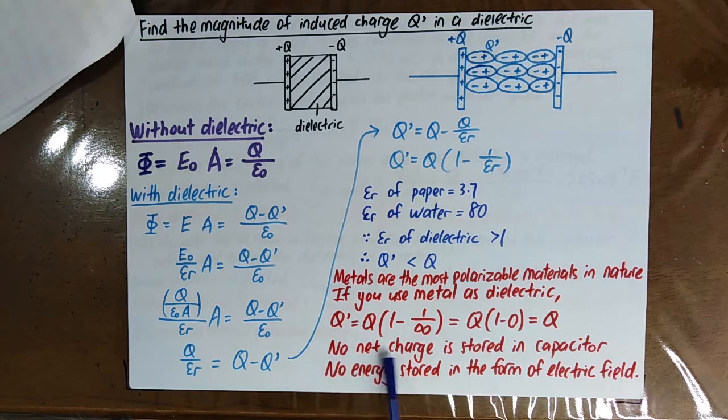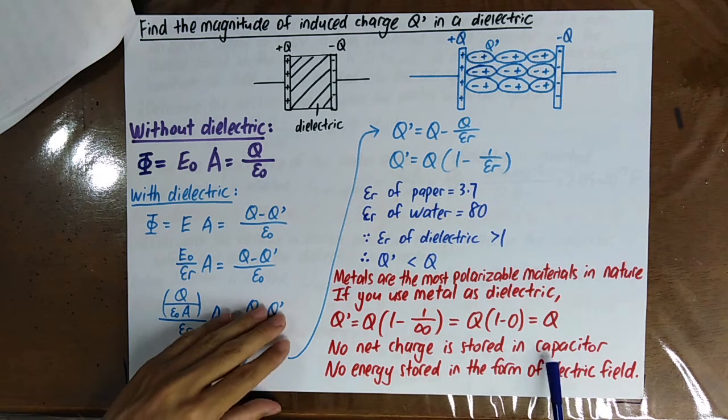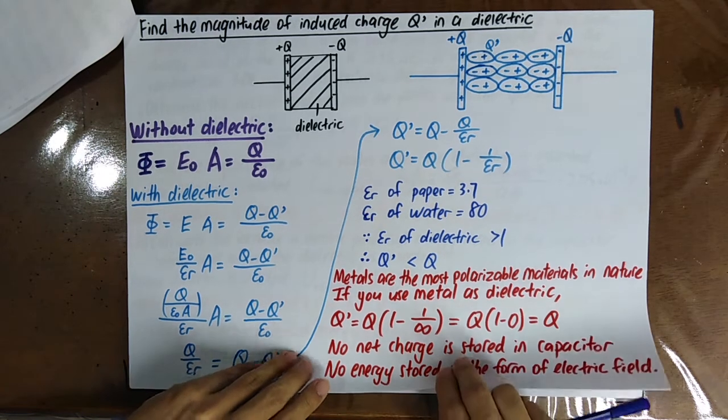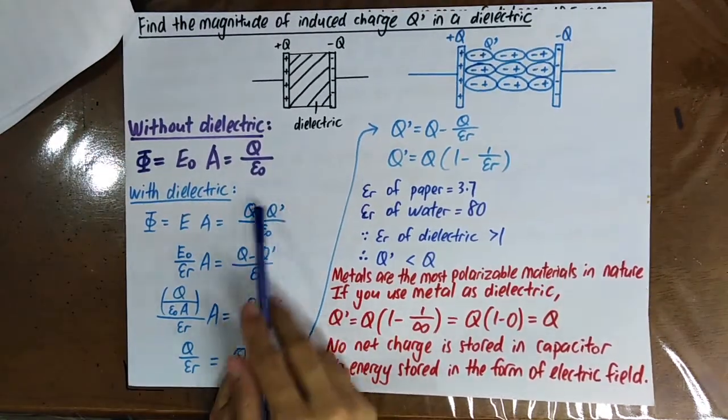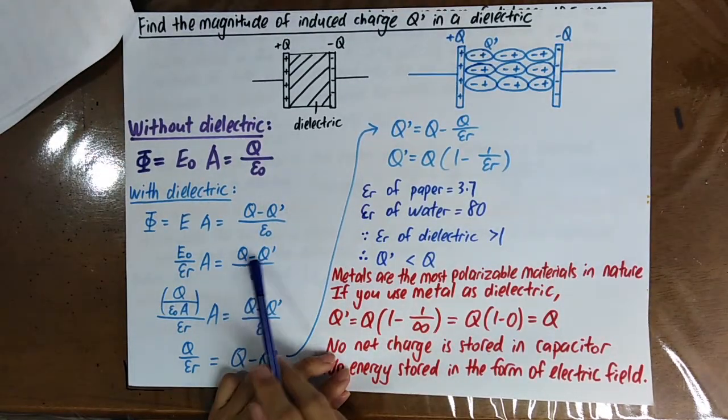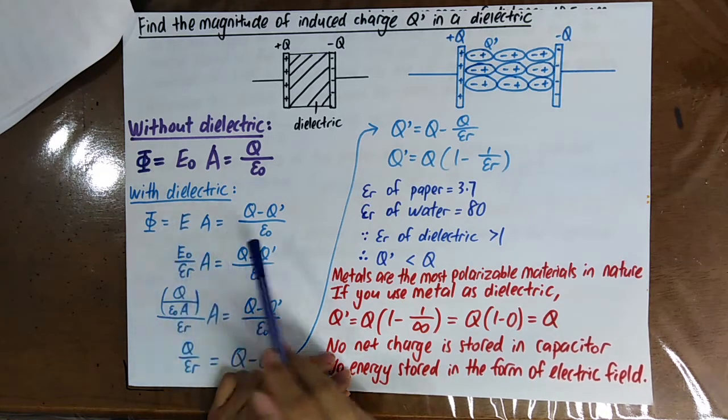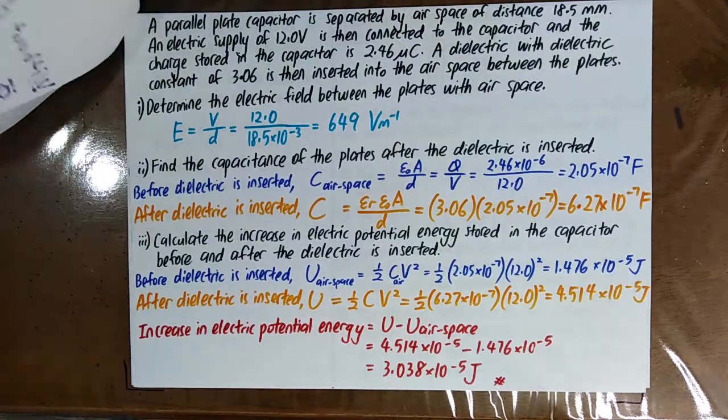So there is no net charge inside the capacitor, and then you will say there is no energy stored in the form of electric field. And then by using this formula, when you know that Q minus Q prime is equal to 0, you also know that the electric field will equal to 0 for sure.